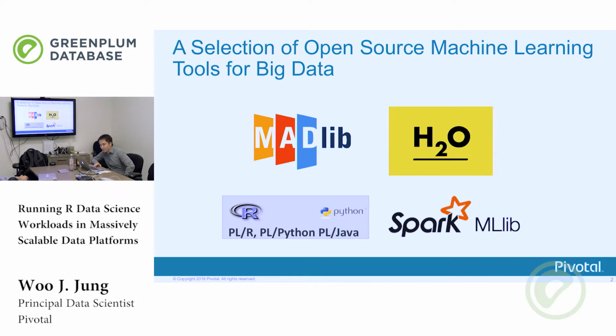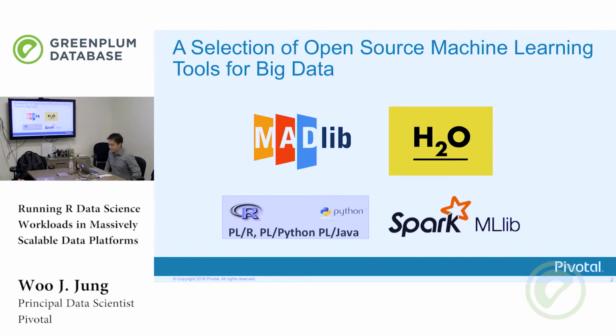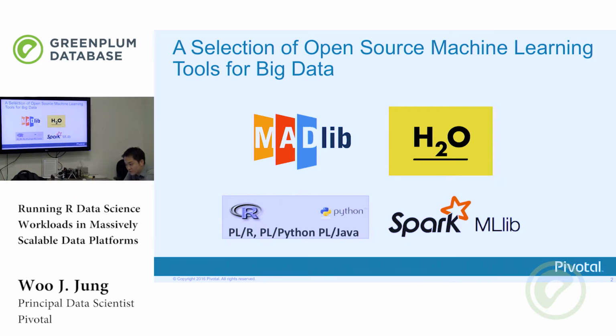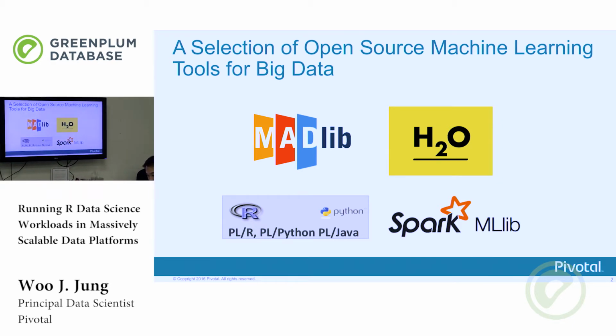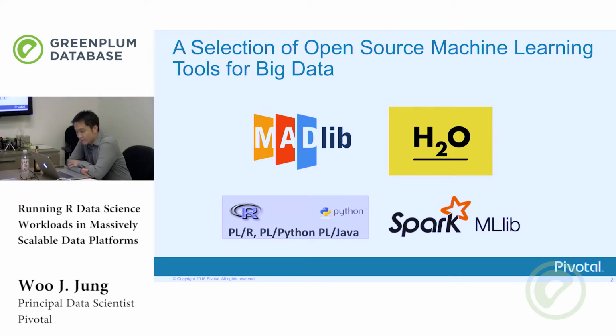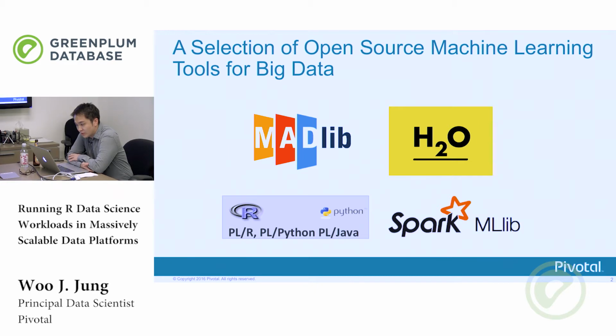To kick things off, I wanted to begin this session by taking a bird's eye or landscape view on the selection of open source machine learning models or tools that are purpose-built for large data sets. We have MADlib, which is an Apache project that includes many popular libraries for machine learning to run on Greenplum Database and Postgres.